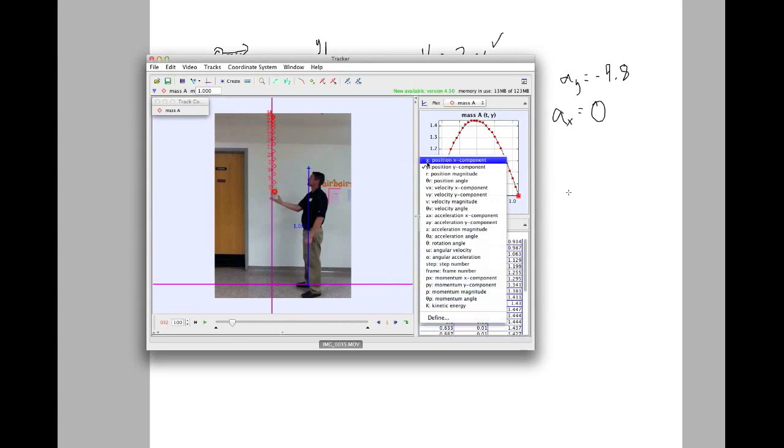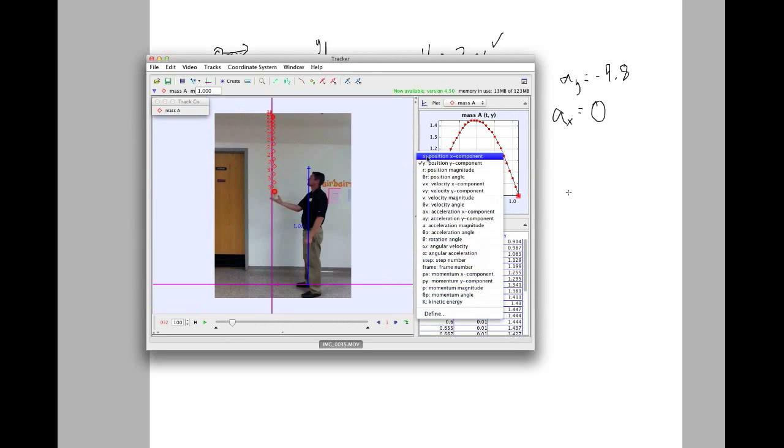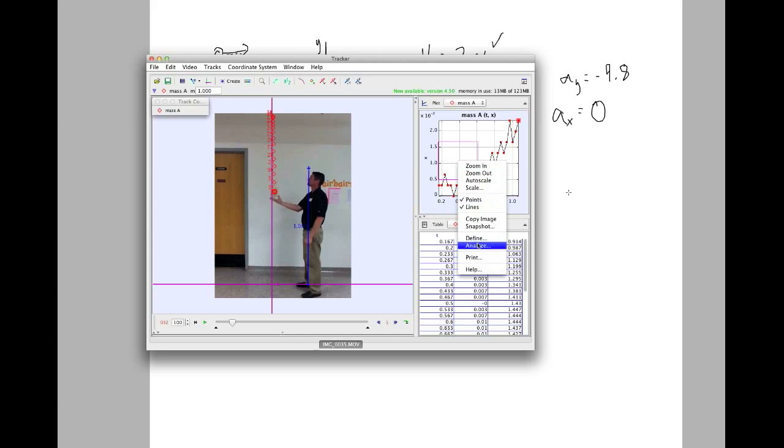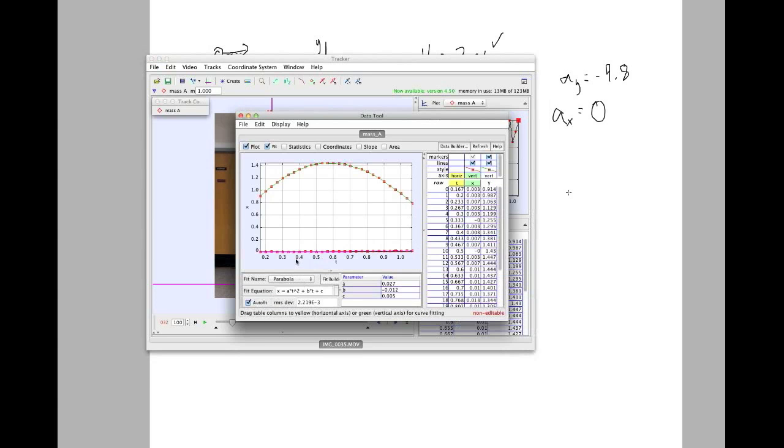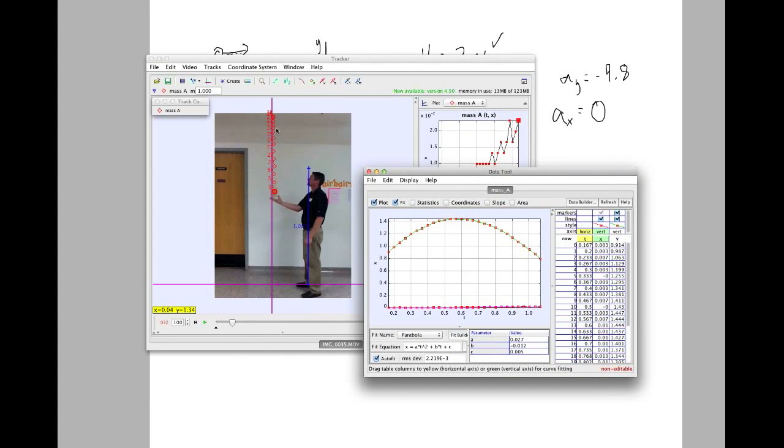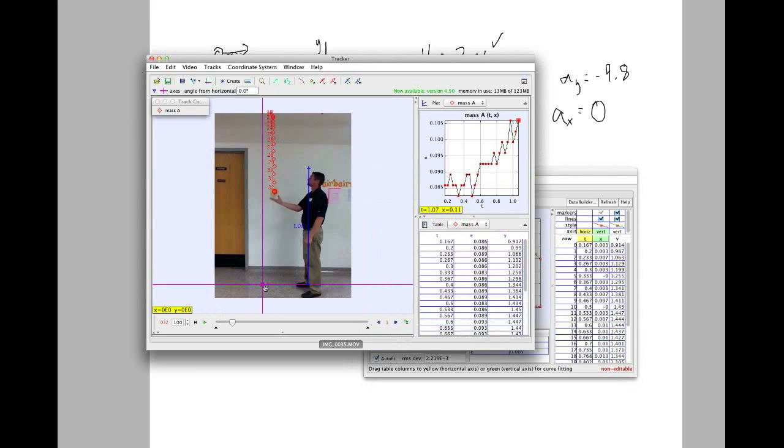Now, let's look at our x position versus time. Analyze. And as you can see, it stays pretty close to the origin that I've made it. In other words, for our x position, I can change the origin real quick, that might make it a little bit easier to see.